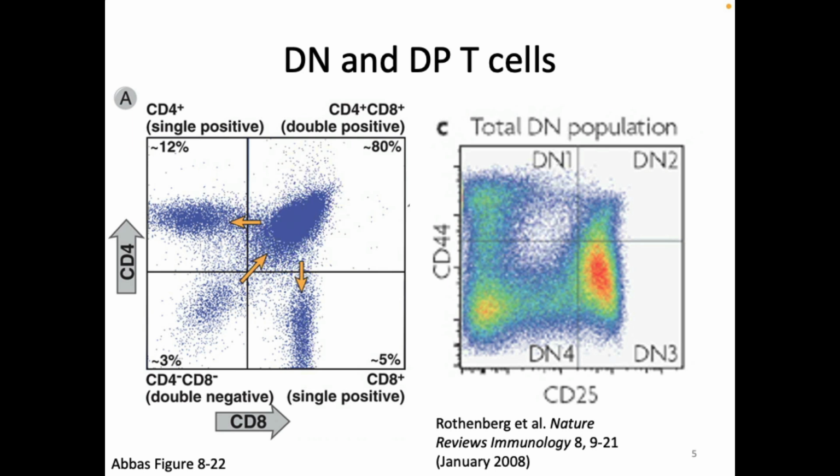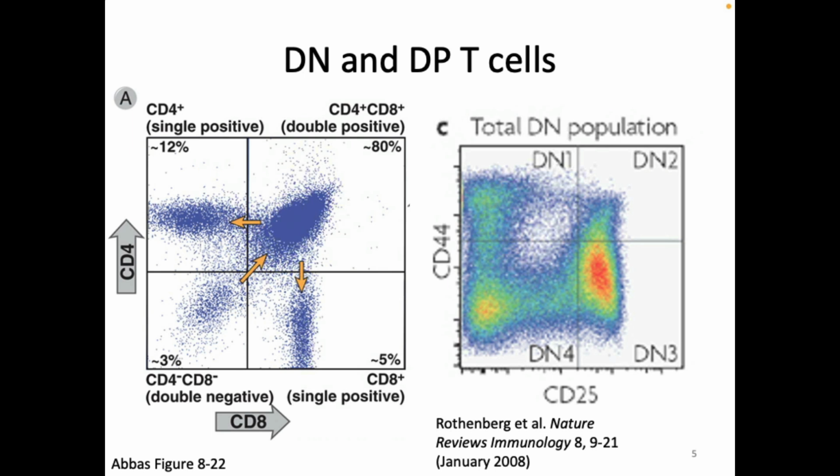Now we're going to use a marker called CD44 on our y-axis and a marker called CD25 on our x-axis. And we're going to, again, get four populations. Since they're all coming from the double negative population, they all have DN or double negative in their name, and then it's 1, 2, 3, 4.